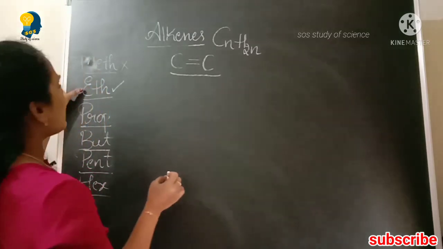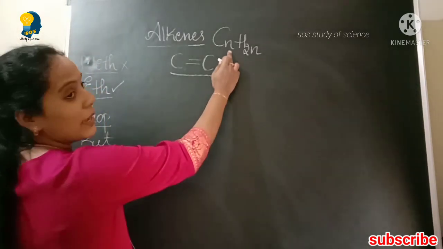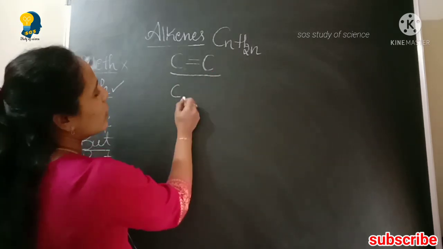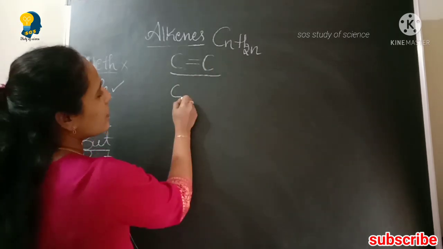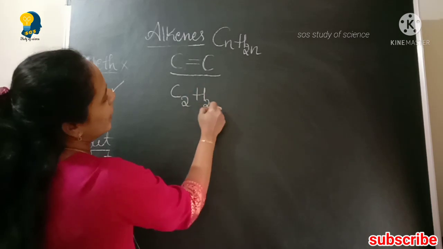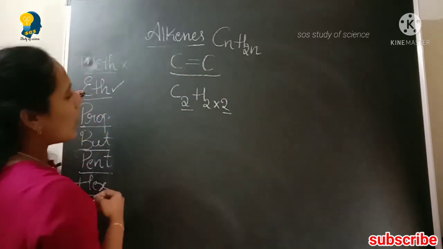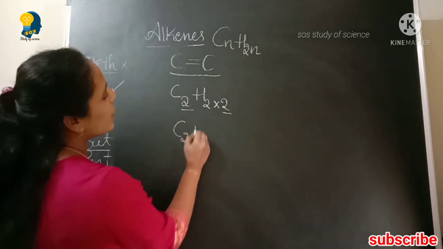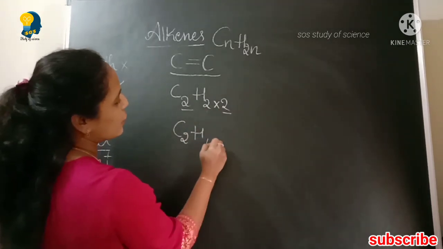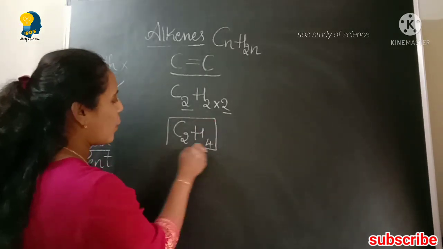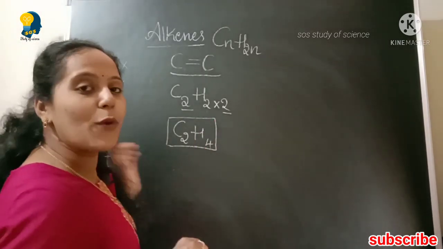When I say eth, n should always be equal to 2. So let us substitute n equals 2. CnH2n becomes C2H2 into 2. I am just substituting 2 in the place of n. So C2H2 into 2 is equal to 4. I got C2H4. This C2H4 is the first member of alkene.